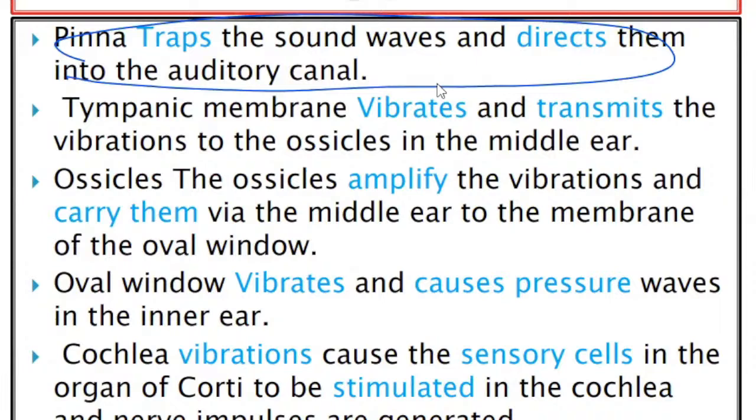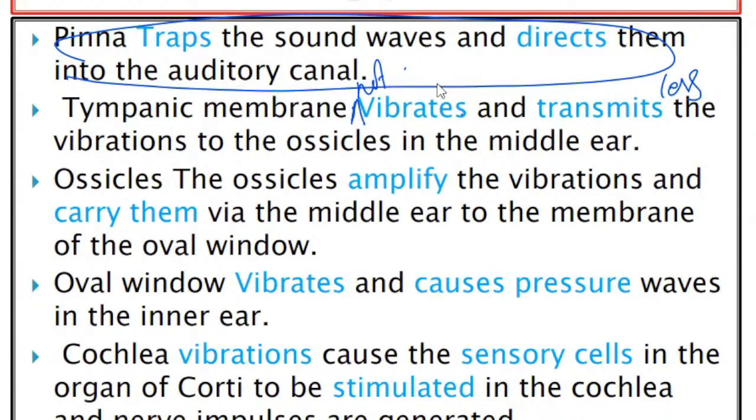The tympanic membrane vibrates. So now you will say that the tympanic membrane will not vibrate and transmit the vibration to the ossicles, meaning it transmits less vibration to the ossicles. Then the ossicles will not amplify the vibration.